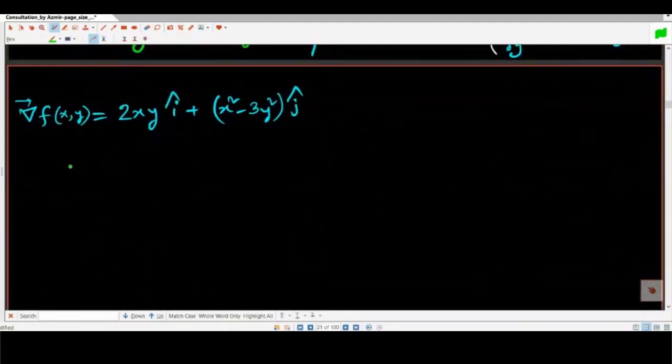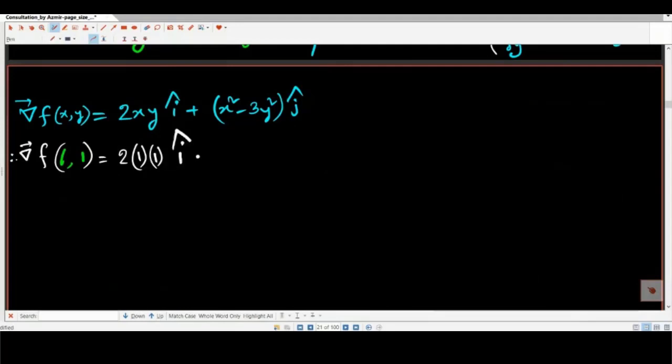So let's input 1 and 1. Gradient of f at (1, 1): 2 times 1, and y value is 1, we have i, plus 1 squared minus 3 times 1 squared j.